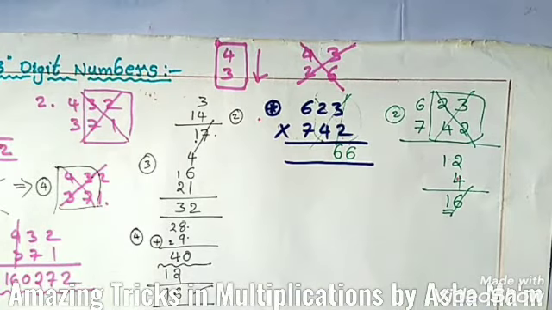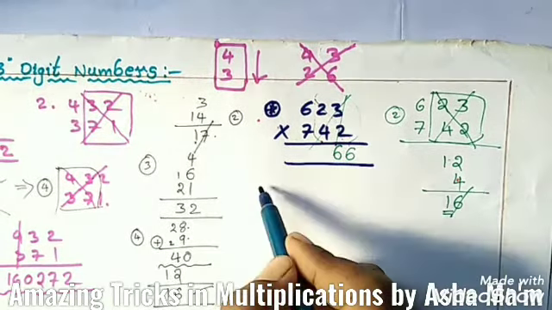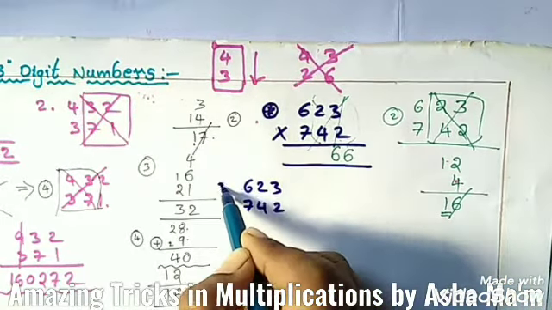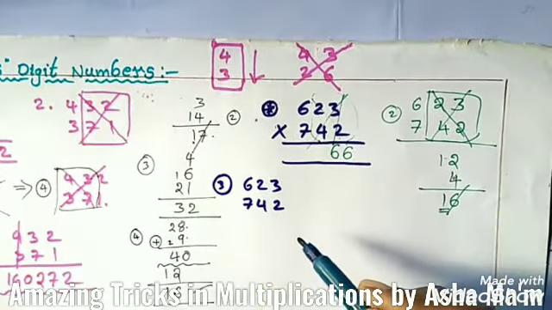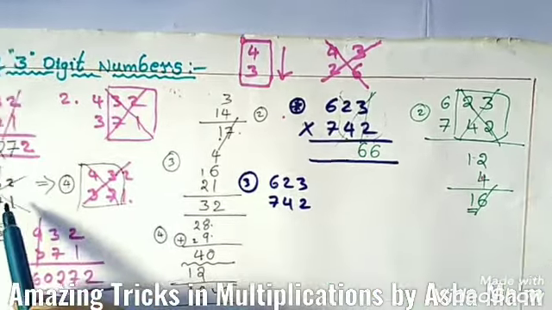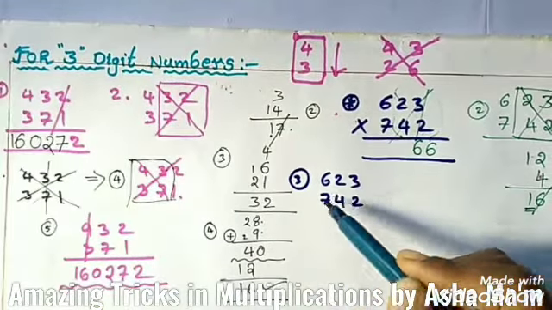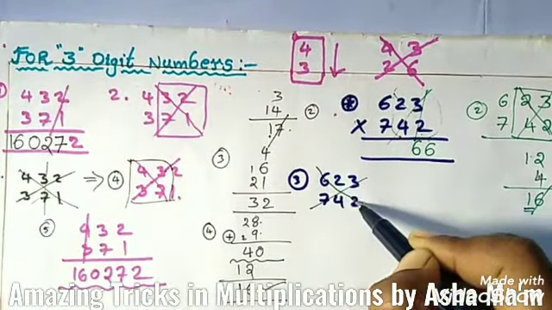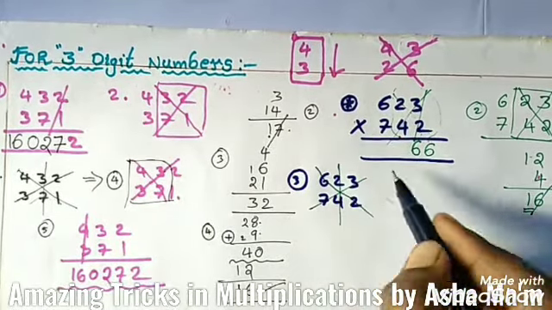And again in step 3, 623 742. In step 3, what you have to do, just the same, you can see here, cross multiplication of these corner numbers just like this, and these two numbers also.